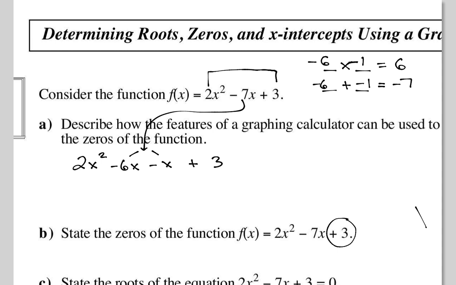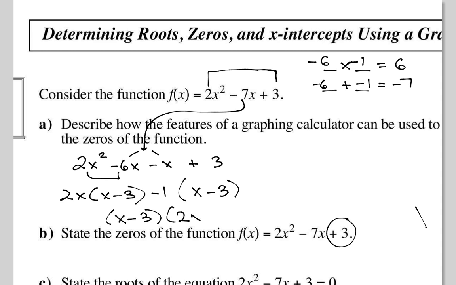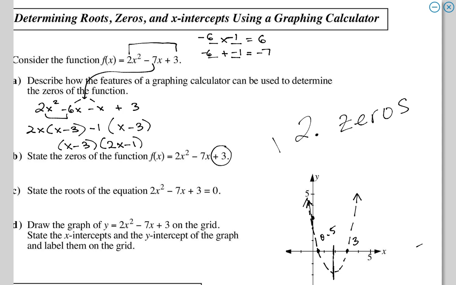What's going to come out of the first pair? Take out 2x, you get x minus 3. Now you see the x and the 3 on the second pair, but they're off by a sign, aren't they? Yeah, good. Pull out a negative. Excellent. And then you get positive x minus 3. So you get x minus 3 and 2x minus 1. So now connect these factors to the roots.